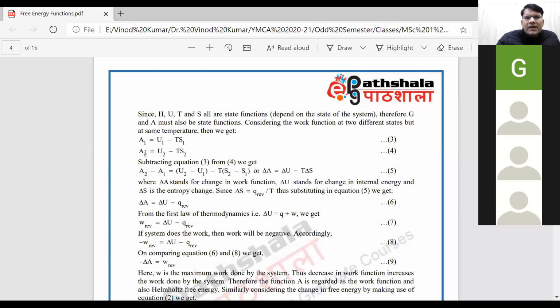On subtraction, we will have A2 minus A1 on the left hand side, and U2 minus U1 minus T times S2 minus S1, since T is common.